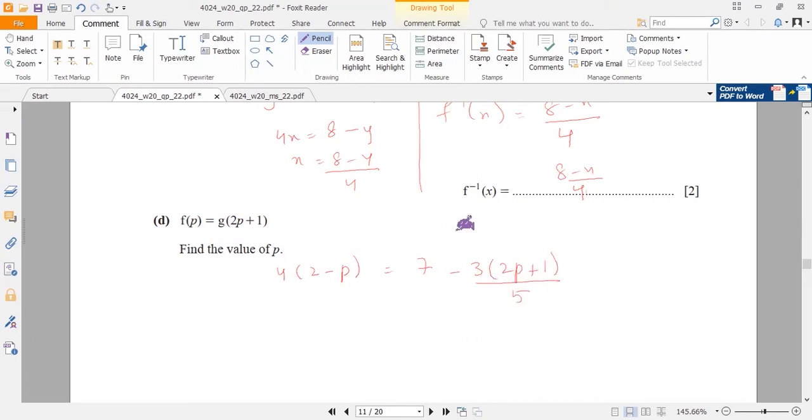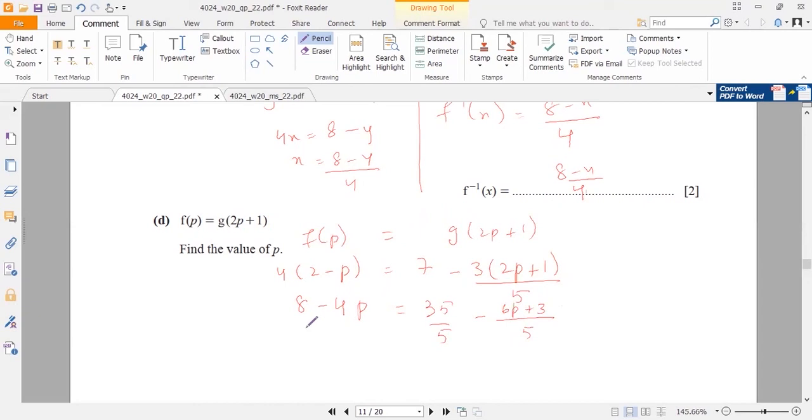So this is the g function, g(2p + 1), and this is the f function. Okay, 4 times 2 is 8, 8 minus 4p is equal to, now I'm going to make the denominator the same, that will be 35 upon 5 minus 3(2p + 1), which is 6p + 3.